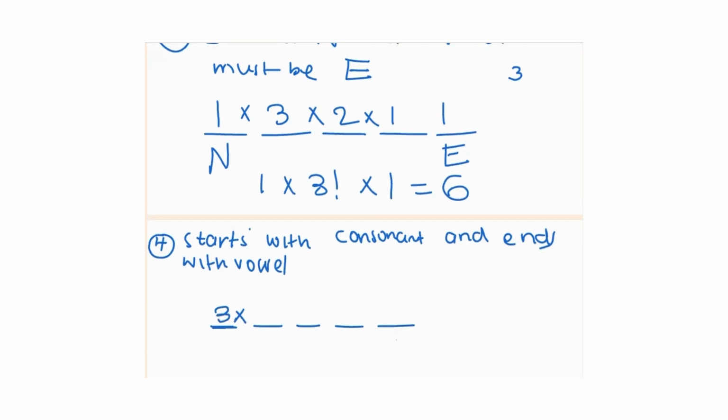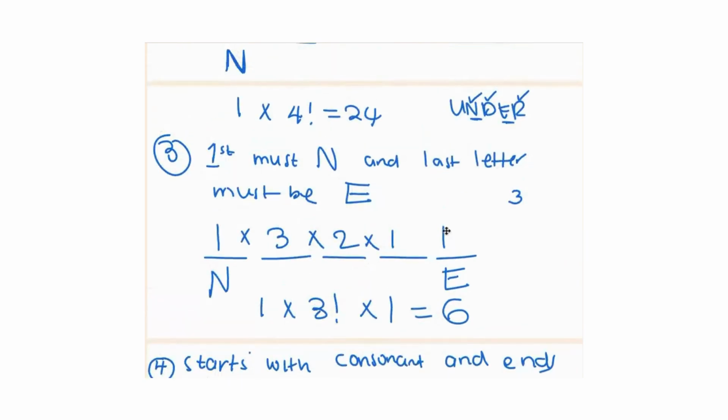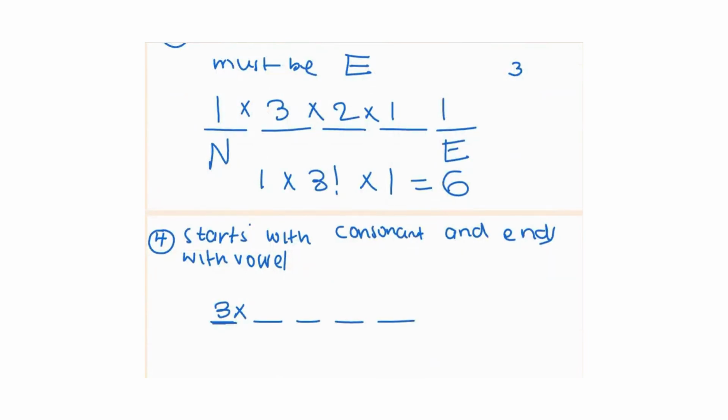The last, it must be a vowel. How many vowels do I have? I have 1, 2. I'm going to choose from 2 letters. So still guys, even when I wrote 3 and 2, still the first position is going to be filled by 1 letter. The last position is going to be filled by 1 letter. All in all, you are still taking out 2 letters to fill first and last position. How many letters do you have left?